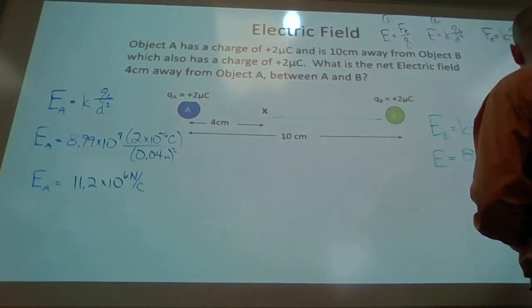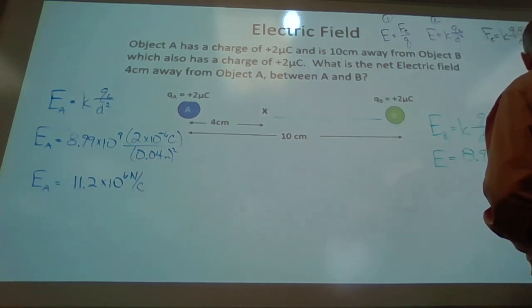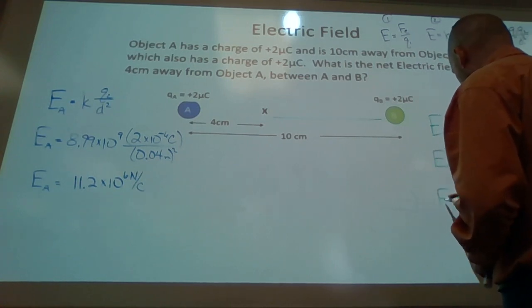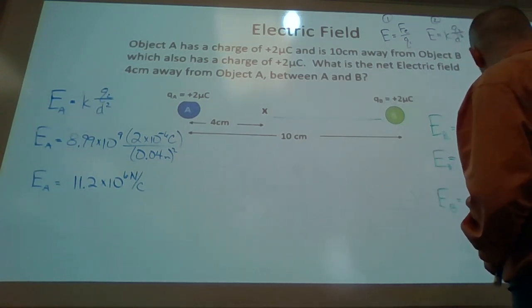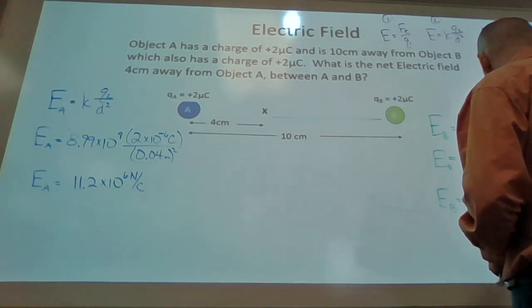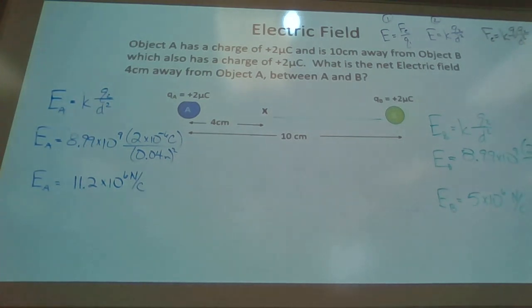So I've got 2 times 10 to the negative 6 coulombs over 0.06 meters. Remember to square that. And I find the electric field at point X from B to be 5 times 10 to the 6th newtons per coulomb. So we've got 2 electric fields.